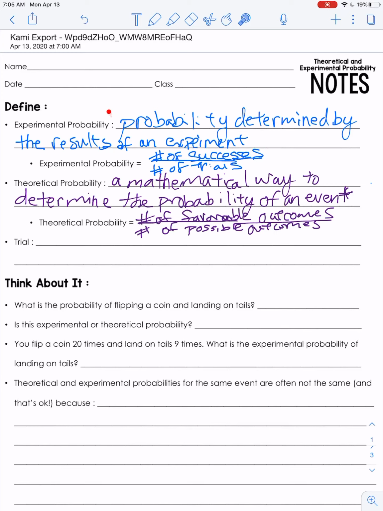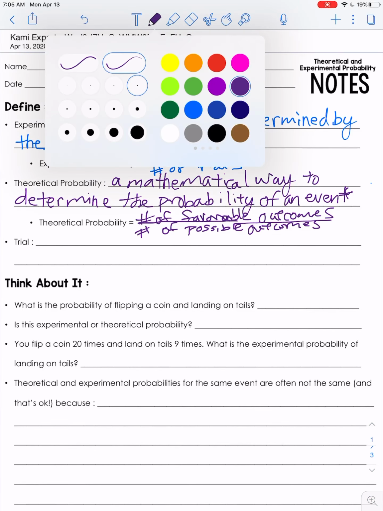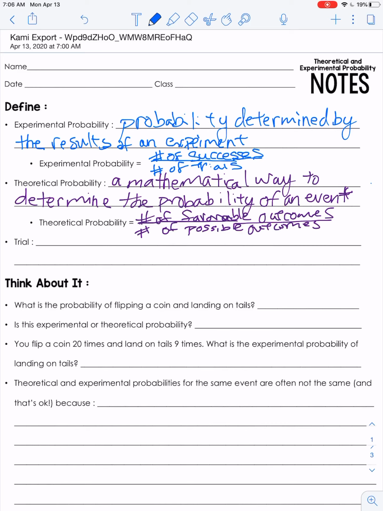But now we're going to get more into our experimental probability, and we're going to be looking at comparing the two different types of probability. And we'll be doing this by running trials. So a trial is a single performance of a probability experiment.